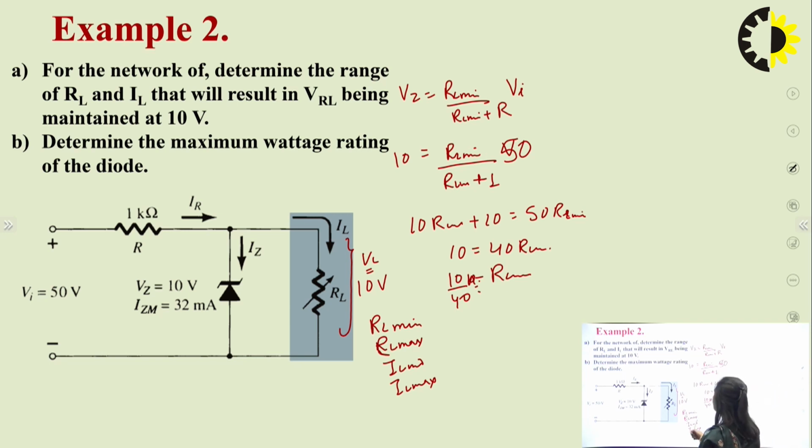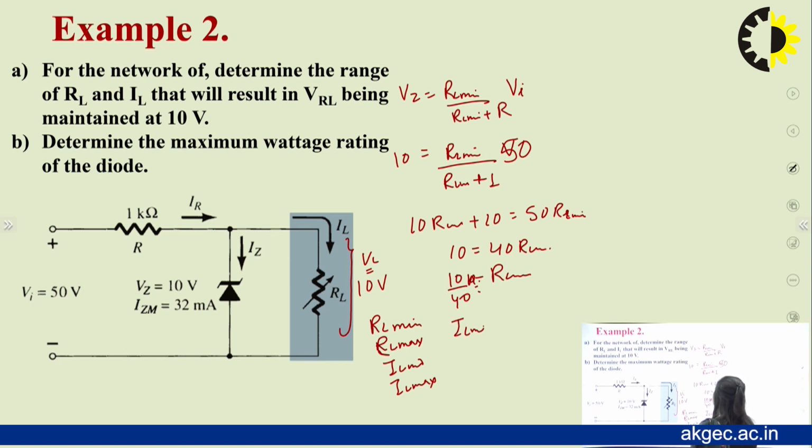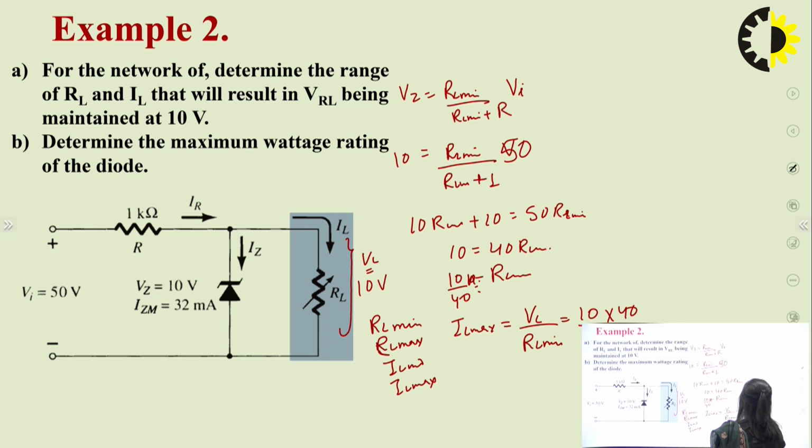Now we have RL minimum, so we can find the value of IL max. IL max is equal to VL upon RL minimum. VL is 10 and this is 10 by 40. So it will be 40 milliampere IL max.